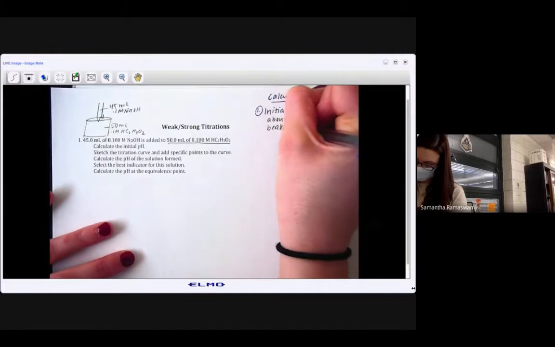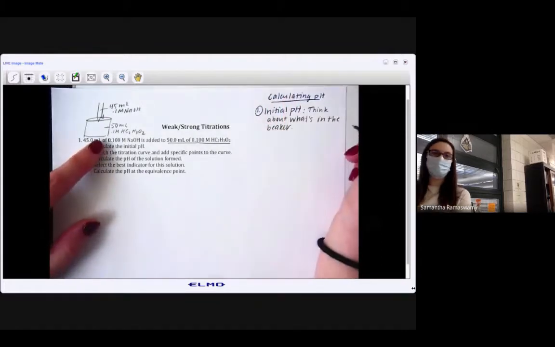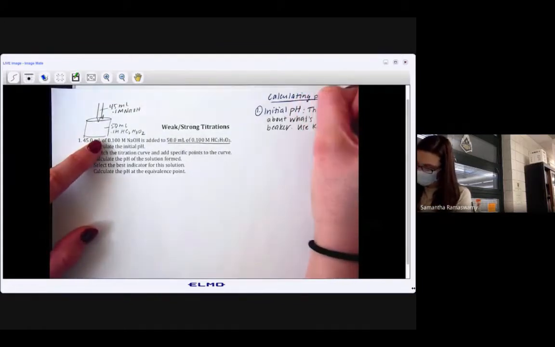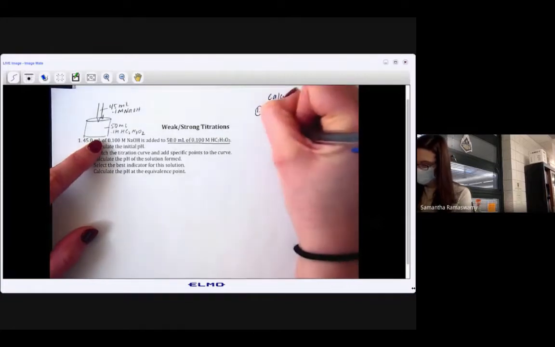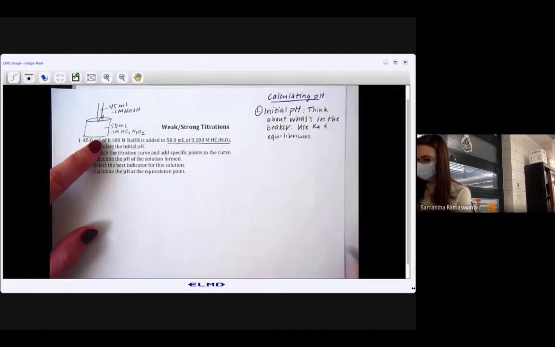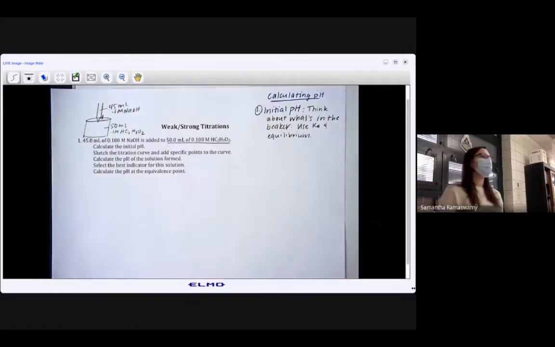So in this case, in the beaker, before any NaOH was added, we had a weak acid. So that means I can use Ka and equilibrium. We've calculated the pH of a weak acid. You have a weak acid, anything that's weak exists at equilibrium.